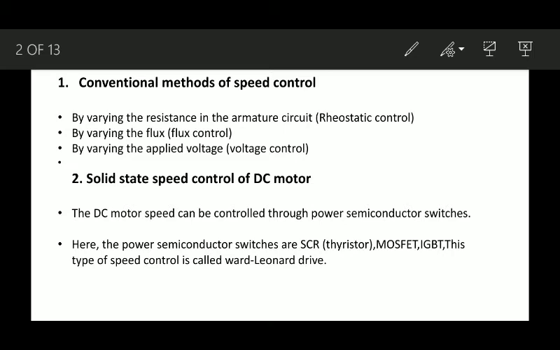Just like a chopper is used to control DC voltage from one level to another level, similarly, a rectifier is used to rectify AC voltage into DC voltage. A cycle converter converts one level of AC voltage to another level of AC voltage. These switching devices, thyristors and IGBT, all these power electronic devices are used to control the output voltage.